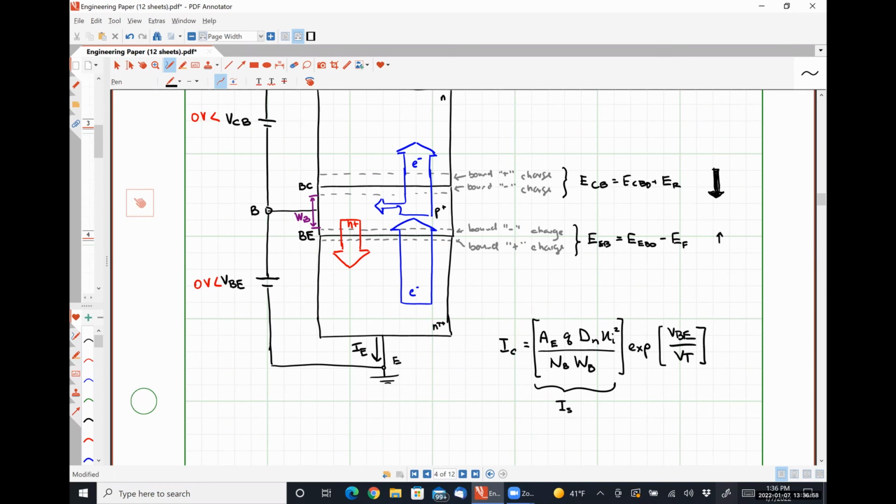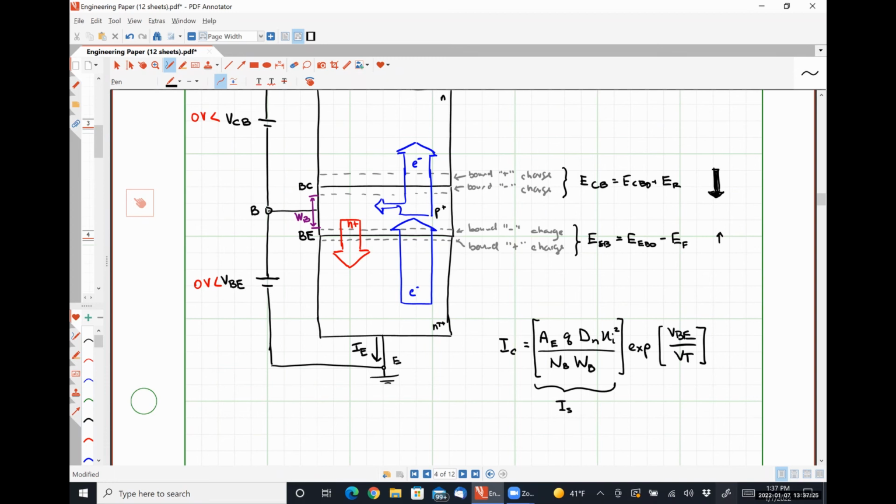Okay. So as a very, very brief aside here, as the collector base voltage VCB gets larger, what happens to WB? It gets smaller, right?